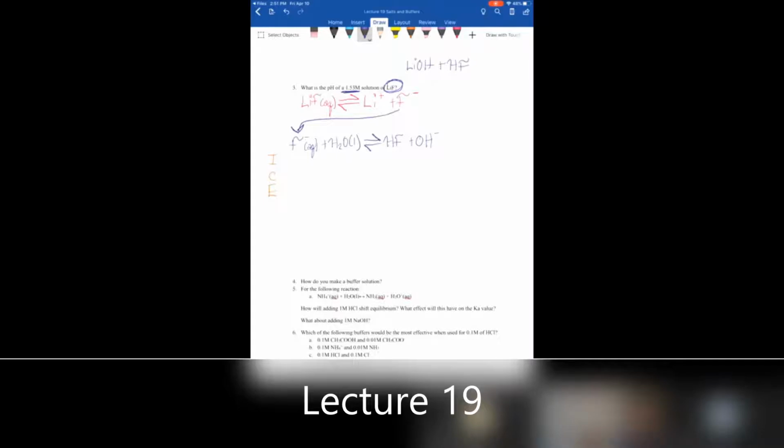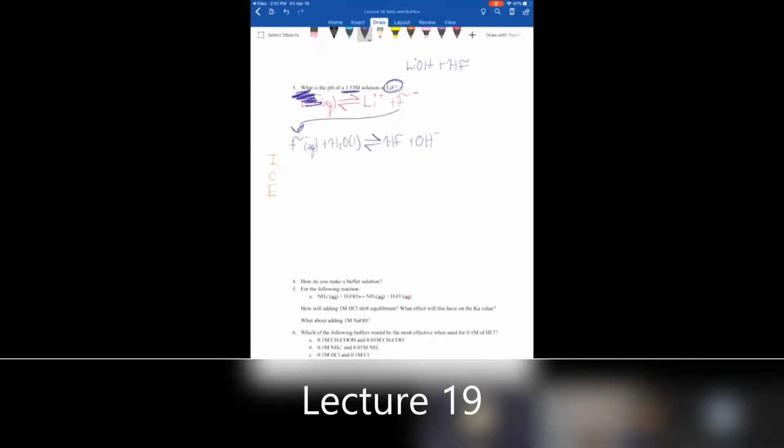Is it going to completely dissolve in water? Yeah, it will. So if it completely dissolves in water, you can pretty much ignore the LiF part because it doesn't exist like this in water. So what would be your concentration of lithium then, if your concentration of LiF is 1.53?